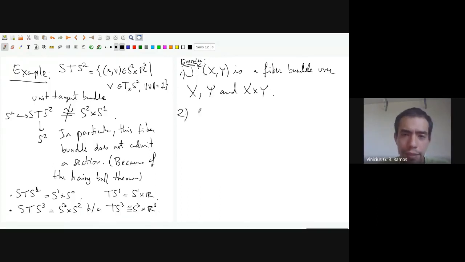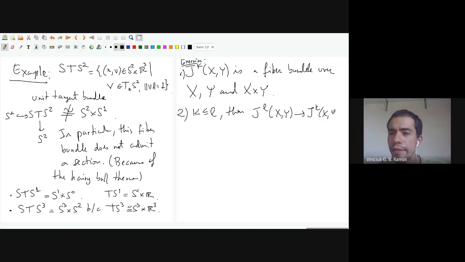You can say that if K is less than or equal to L, then the map from J^L(X,Y) to J^K(X,Y) is a fiber bundle.